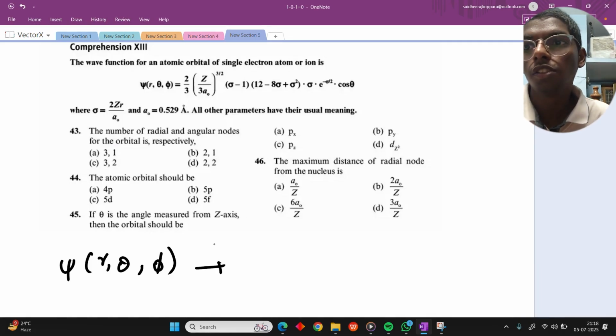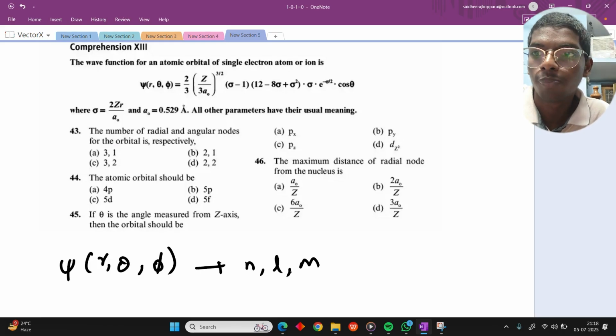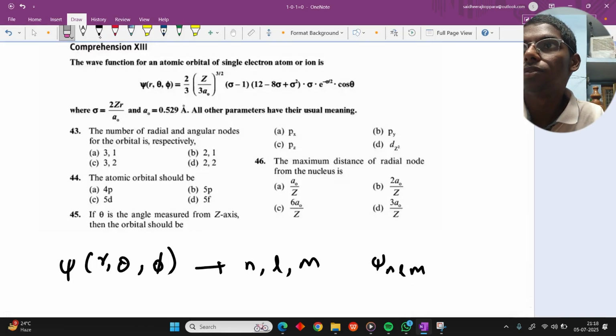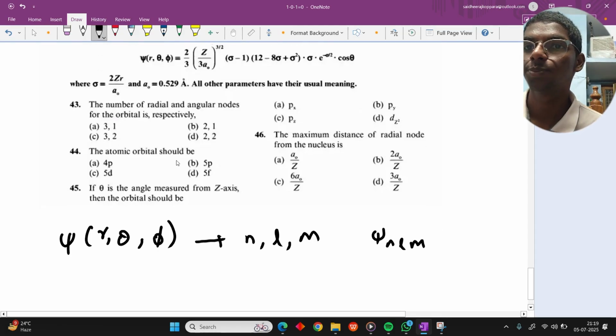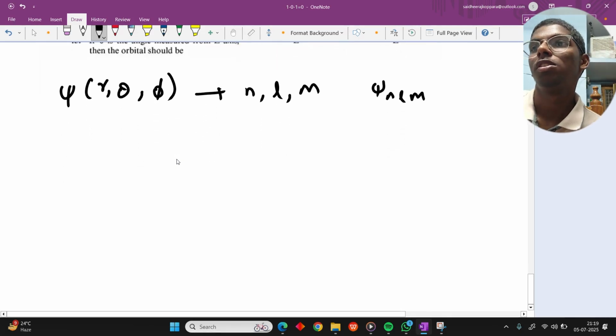Basically, this wave function has roots, and these roots are none other than your quantum numbers n, l, m. So generally it's represented as psi n, l, m. The roots are your quantum numbers.